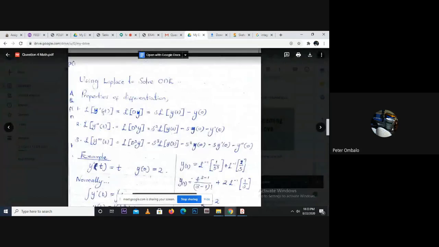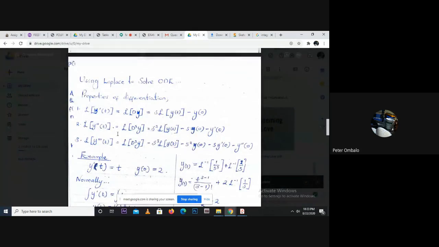So these are basically the properties we had. We have figured out that the Laplace transform of the first derivative of any function of t is expressed like this in the s domain. The Laplace transform of a second derivative follows the same pattern, and the Laplace transform of a third derivative follows the same pattern.